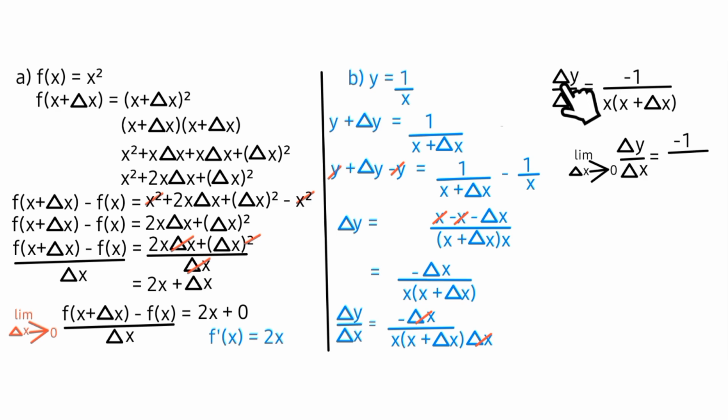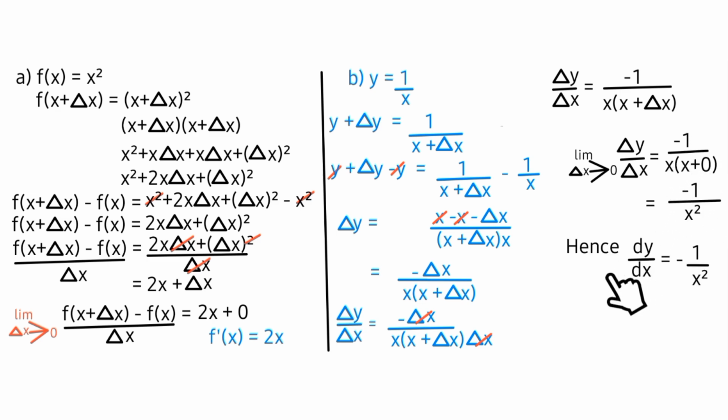So we have changing y divided by changing x equal minus 1 all over x, and we did say the limit of changing x is 0, then plus 0. So changing y over changing x equal minus 1 over x times x. So dy by dx equal minus 1 over x squared.